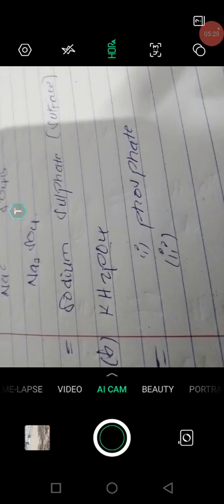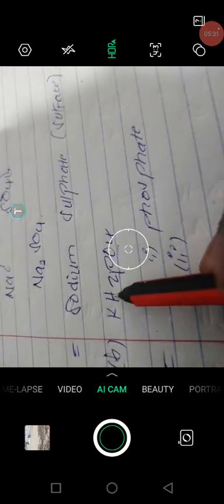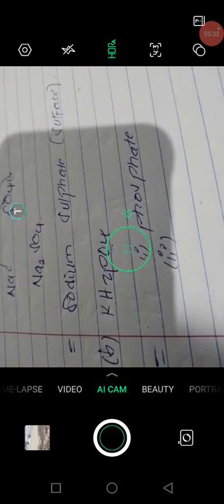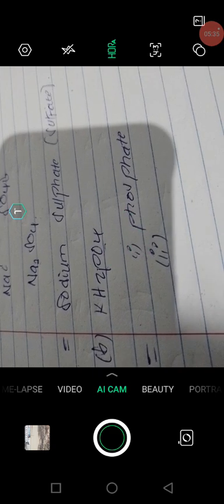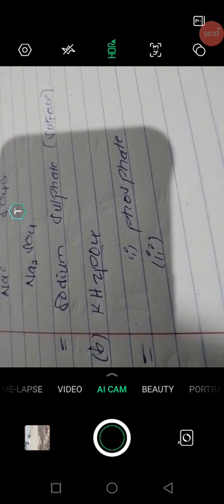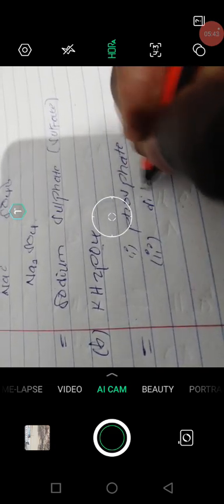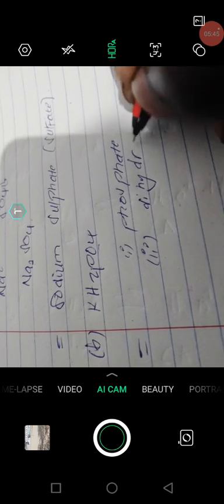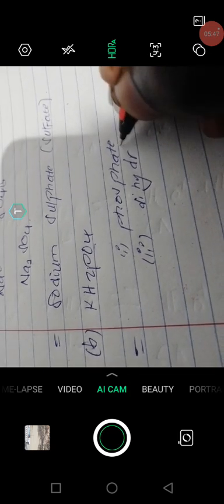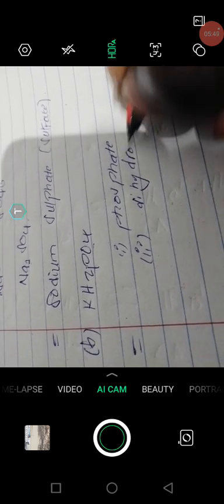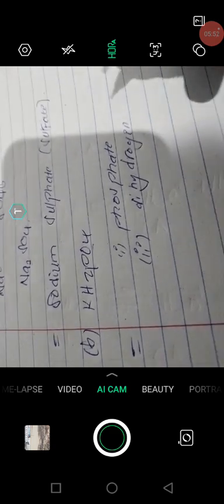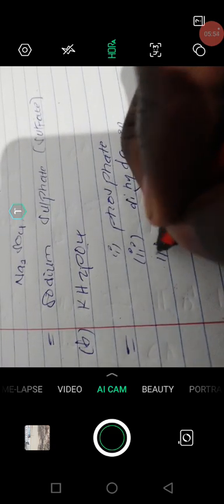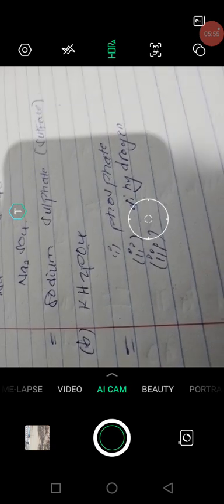Number two, I've got two hydrogen here. According to those prefixes that indicate the number of atoms in a chemical compound, having two hydrogen means di. Di means two. Dihydrogen. Then last, I've got potassium.